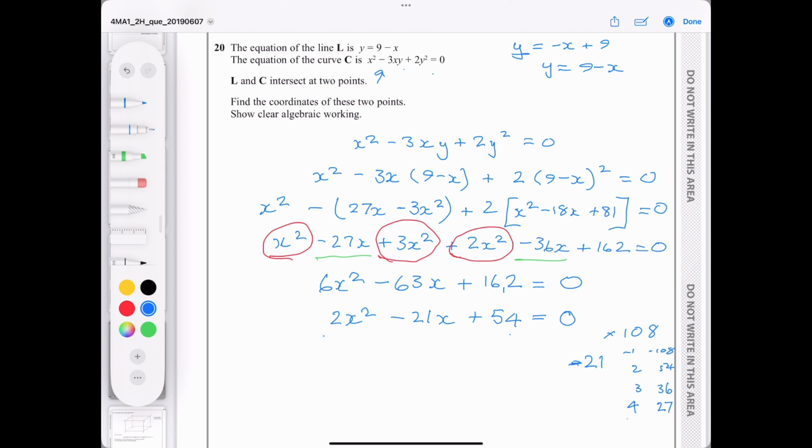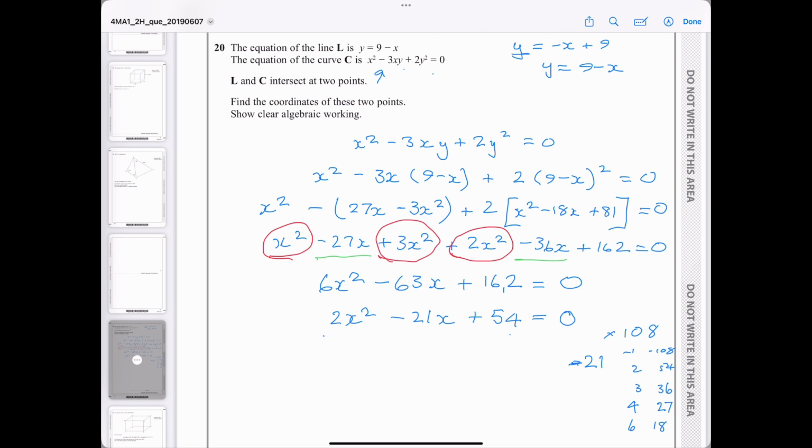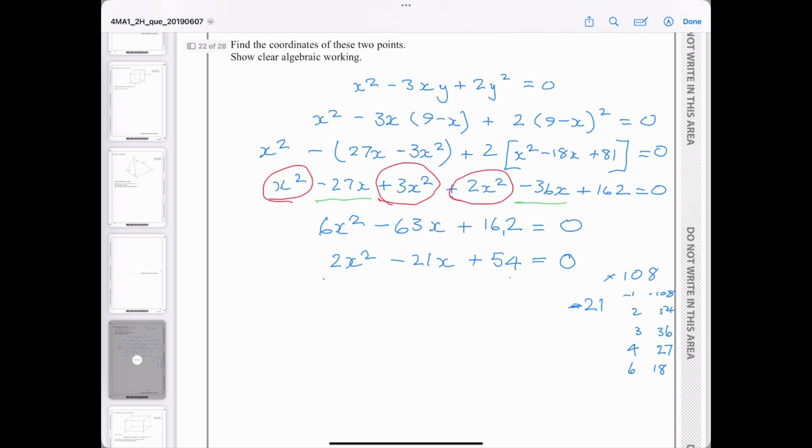Okay. 5 doesn't go in. 6 must do. And that goes in once. 48, 18. 7 doesn't go in. 8 doesn't. Does 8 go in? 28? No. Have I missed something?